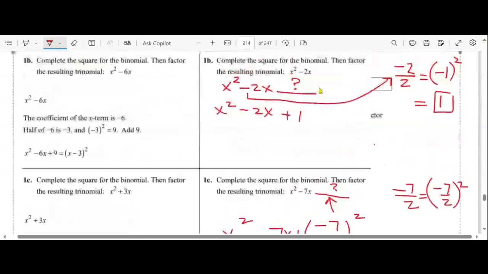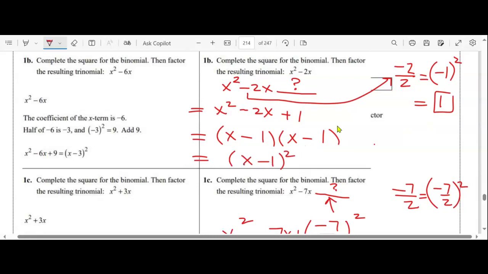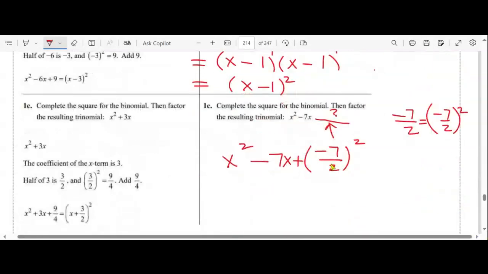Now let me go back to this one. What's the answer to this one if I factor it? Who can tell me? x, 1, 1, right? Minus, correct? And when you bring them together, it becomes what? Because that's 1 and 1. Correct? Next, this one.